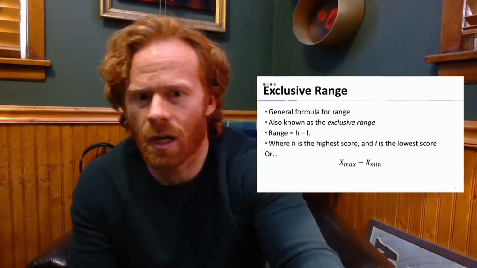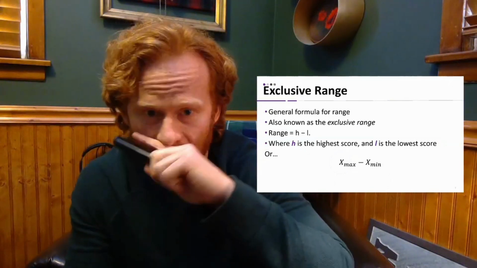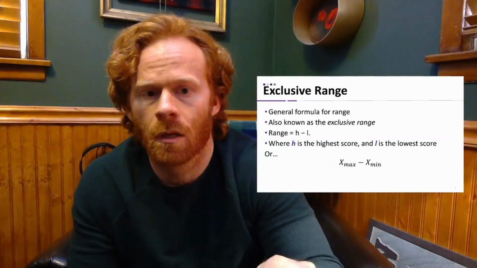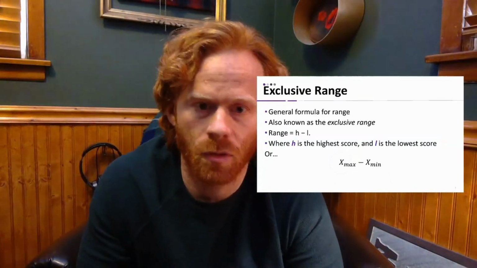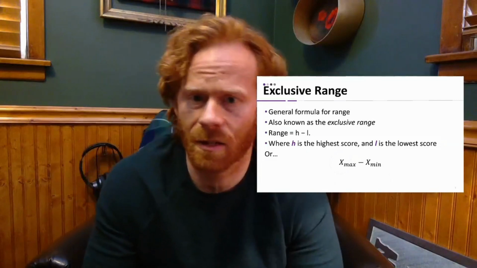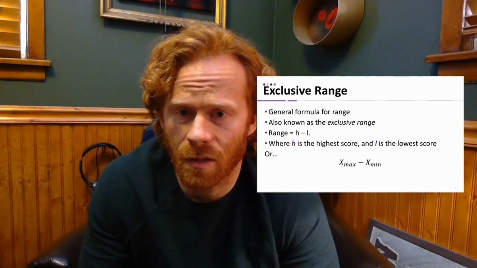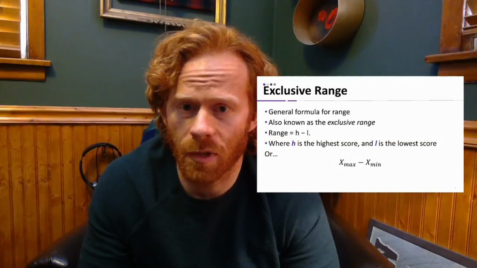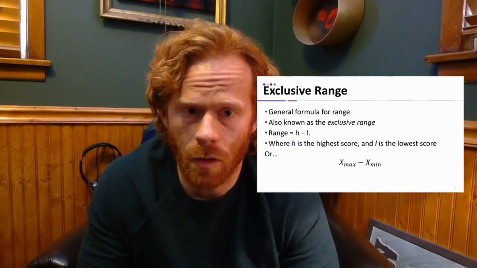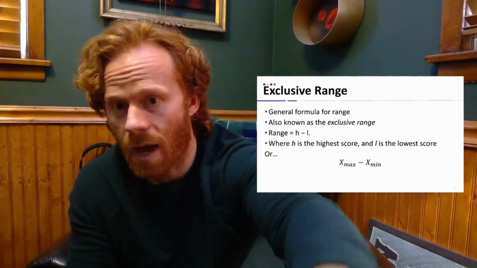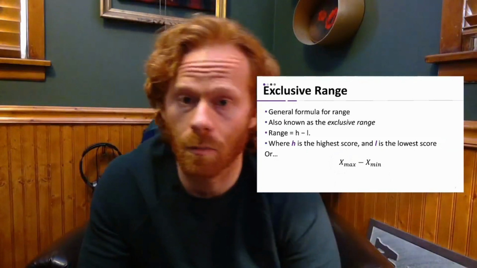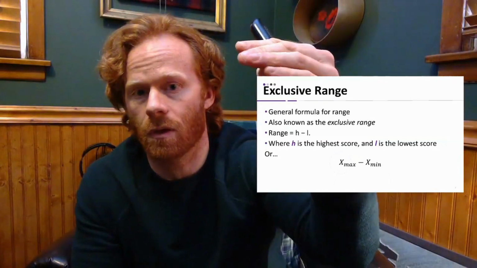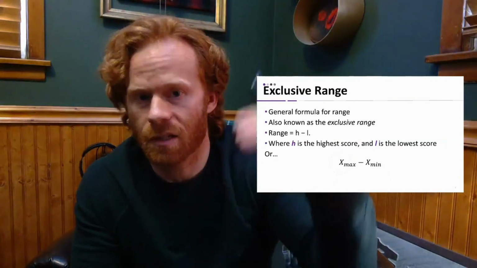You can also write this another way: X max minus X min. That just refers to whenever you see X with some other things attached to it, that just represents the value in general. So we're looking at the maximum x value minus the minimum x value. So another way of saying the highest value minus the lowest value.